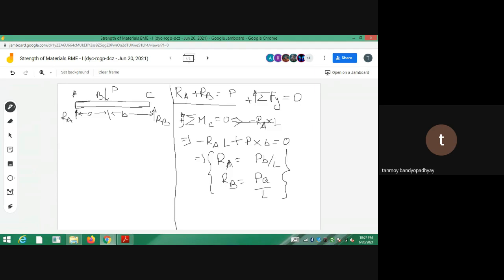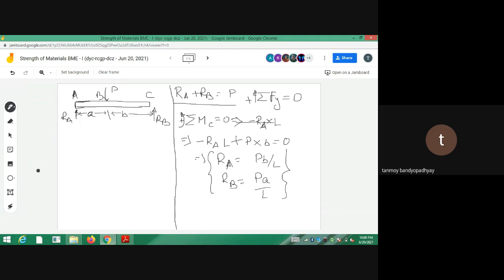Now in order to find the SF diagram or the BM diagram, we have to divide this beam into two parts. Why divide into two parts? We had already discussed this: whenever there is a change in forces. From the part A to B you have constant loading. If I move from A towards B, on the left side of B I only have a force of RA.